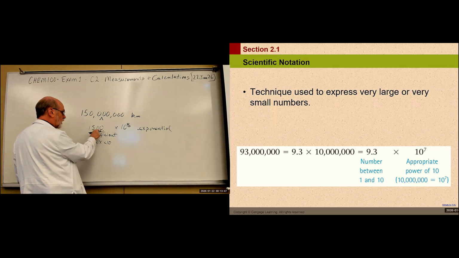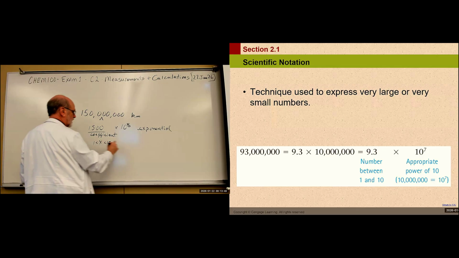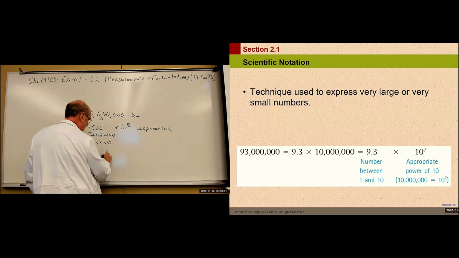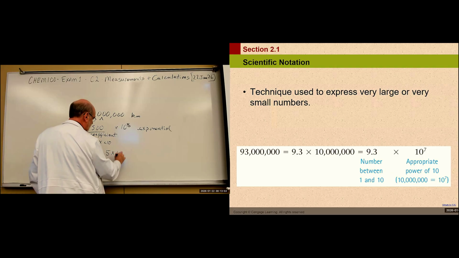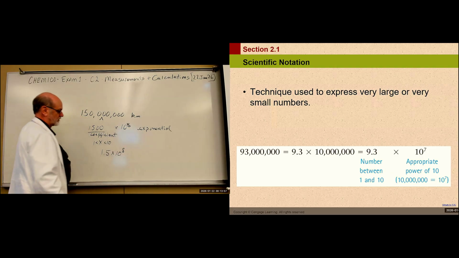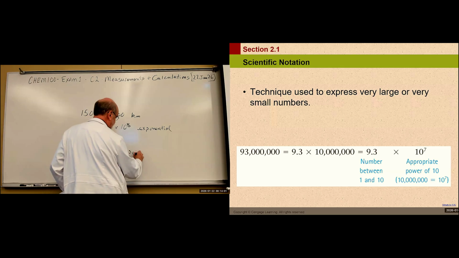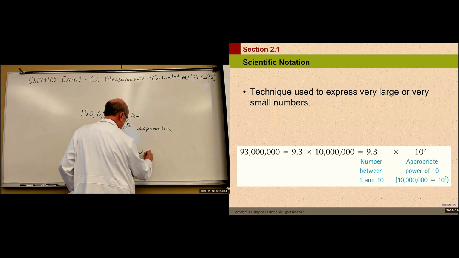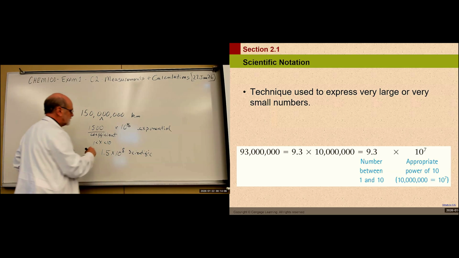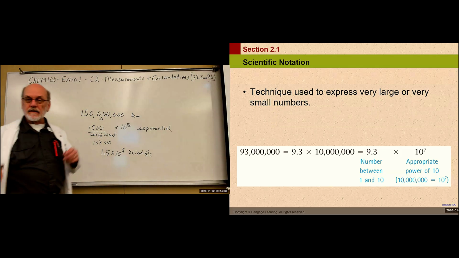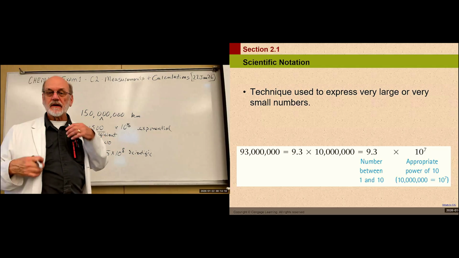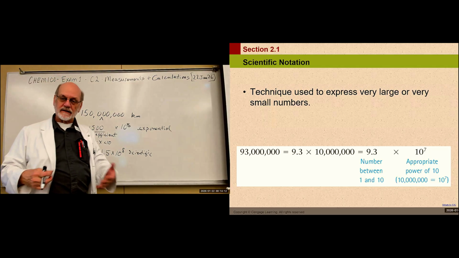So we'd have to move 1, 2, 3 more. And we would say 1.5 times 10 to the 8th. So this is scientific notation for that number. They're exactly the same number in a different format.